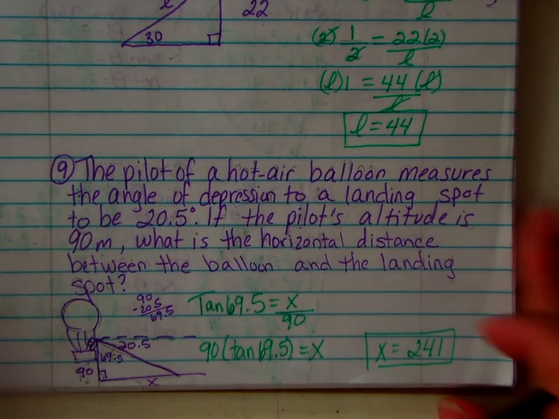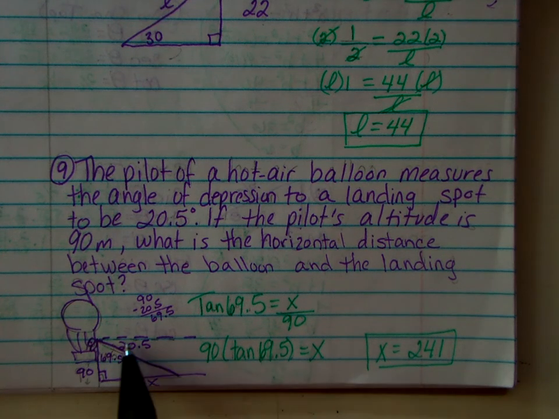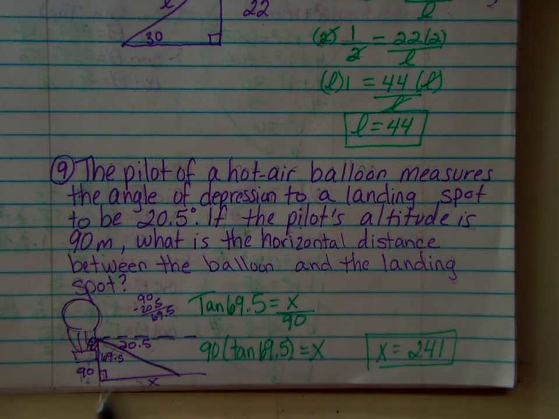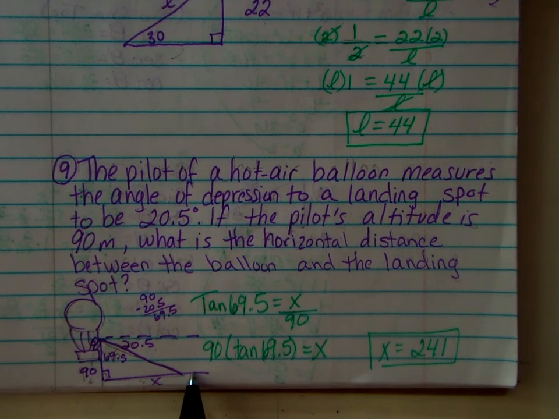Okay, the pilot of a hot air balloon measures the angle of depression to a landing spot to be 20.5. Now, angle of depression, remember I told you it was on the top of the line. So it's not this angle, it's actually this angle, 20.5. If the pilot's altitude is 90 meters, so we're up 90 meters, what is the horizontal distance between the balloon and the landing spot?